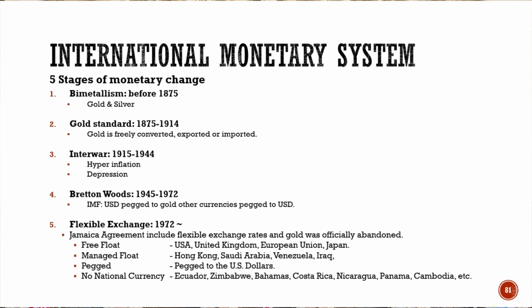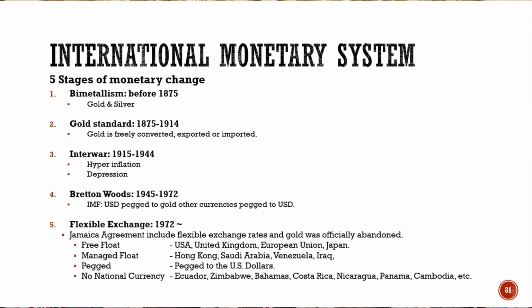Some countries decided to have their currency as a managed float. Such as Hong Kong, Saudi Arabia, Venezuela, and Iraq during that period of time. Remember, Hong Kong was still a part of the United Kingdom during this period of time. Some decided to continue to have their currency pegged to the US dollar.